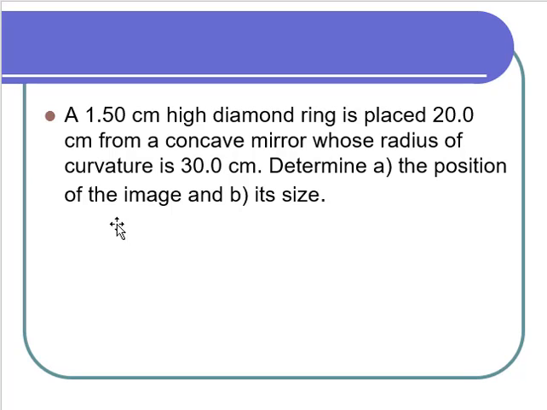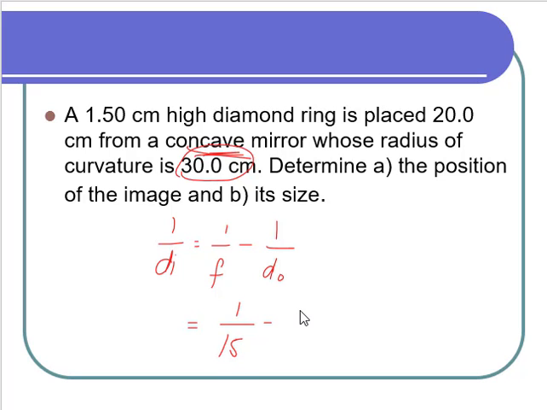So same method: 1 over di equals 1 over f minus 1 over do. So the focal length, since the radius of curvature is 30, our focal length is 15 centimeters, and it's positive since we are dealing with a concave mirror. So we have 1 over 15 centimeters minus 1 over 20, since the distance of the object is 20.